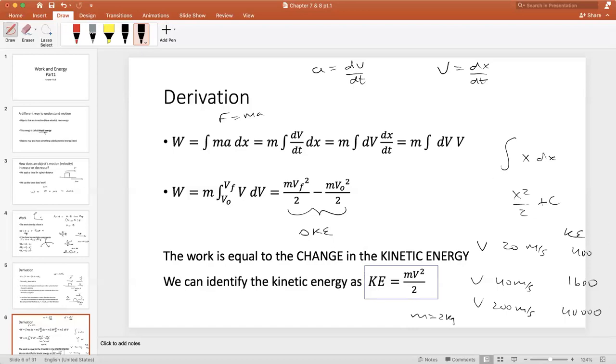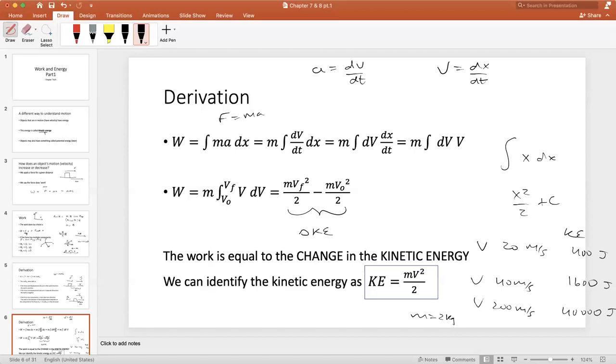And we're going to talk about these units, but these are joules. The reason why I've written this is to show you that if the speed doubles, the kinetic energy actually quadruples. That's pretty crazy, but it's something to remember.